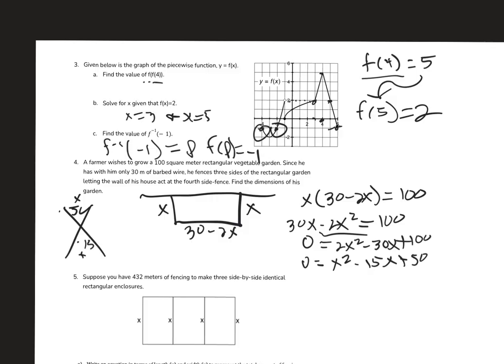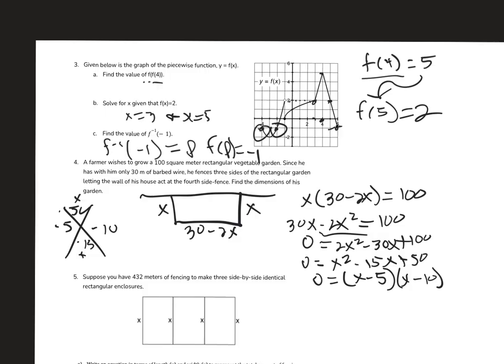Those two numbers are -10 and -5. And so that means that I can set this, in factored form, to 0 is equal to x minus 5 times x minus 10. And that means we have two solutions to this. We have x is equal to 5 and x is equal to 10.